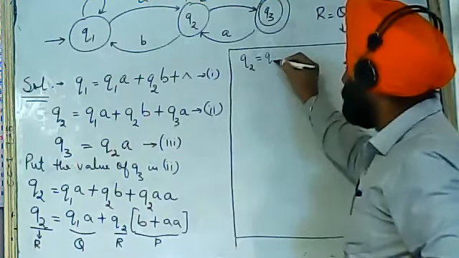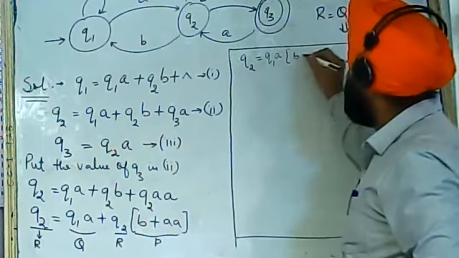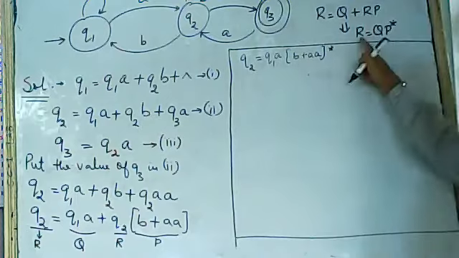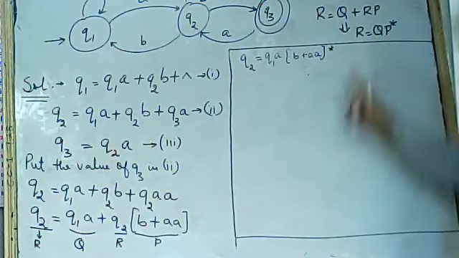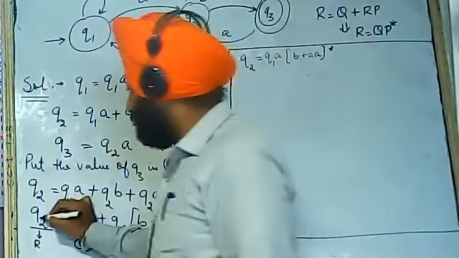So here you need to write Q1A, P's value is B plus AA star. So this is your R equals QP star, right? So this is the value for Q2.